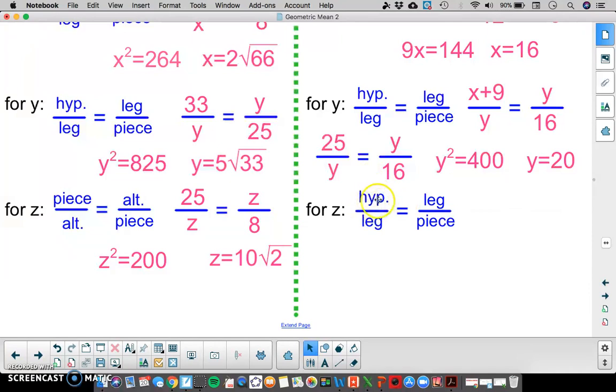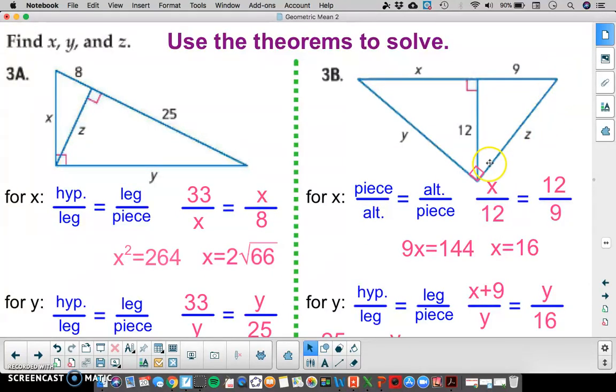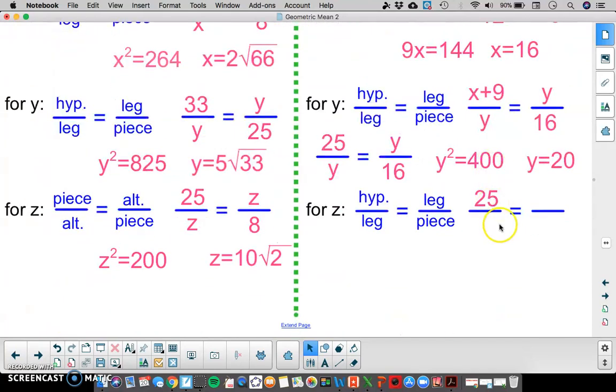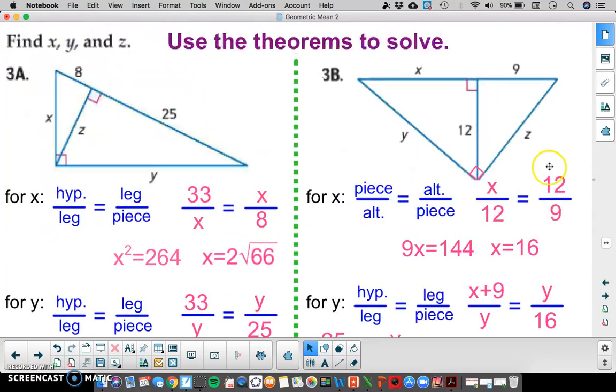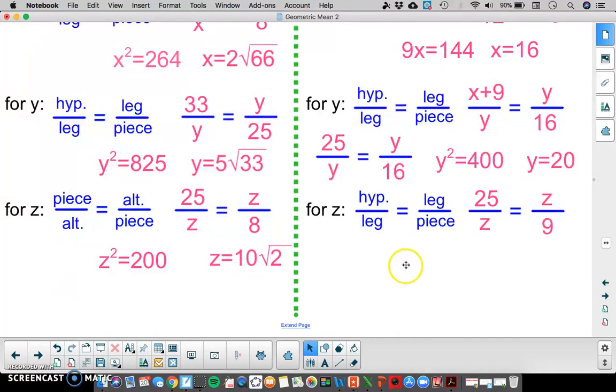We know that the whole hypotenuse is x plus 9, and our x was 16, so we know that's 25. The leg that we're trying to solve for is z, and that's equal to z over the piece of the hypotenuse that corresponds with it. So 25 over z equals z over 9. Now cross multiply, and z squared equals 225, so z is 15.